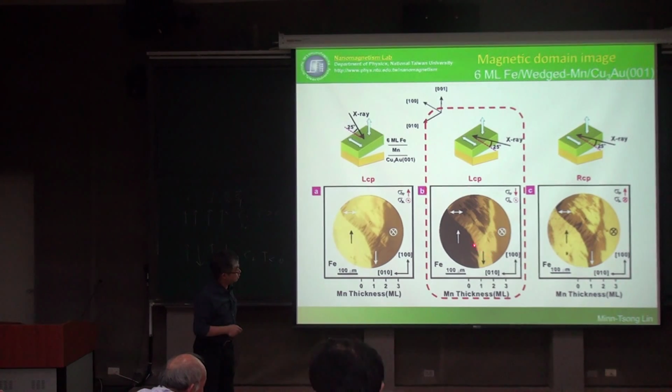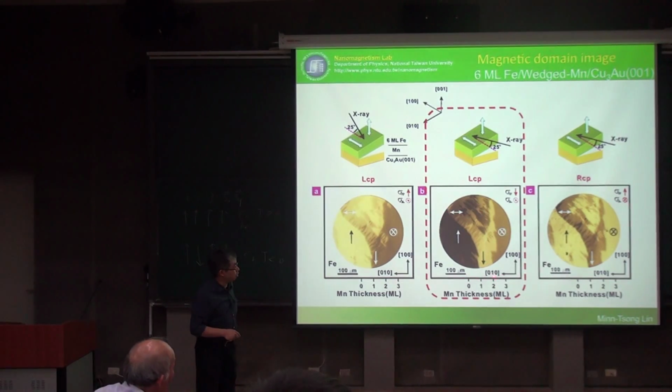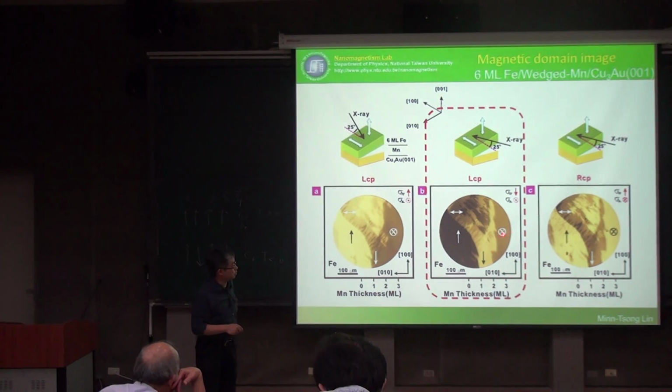You can see the white part is different from the black part here, this is the spin contrast, and here is the gray part. Later we will see this is actually the in-plane direction. After 2 monolayers, all of this part is the in-plane region. And after 3 monolayers, you can see the perpendicular part.